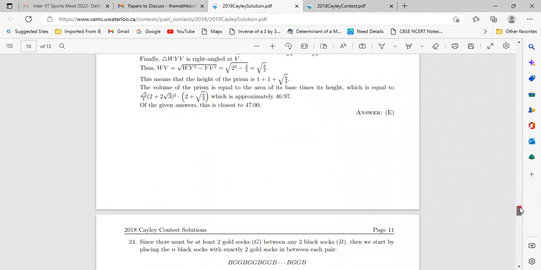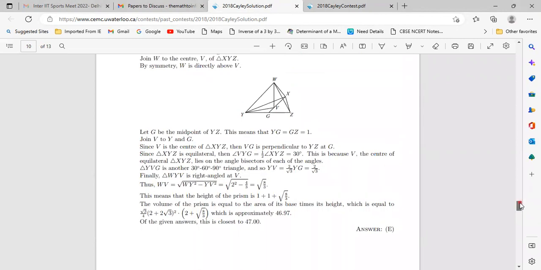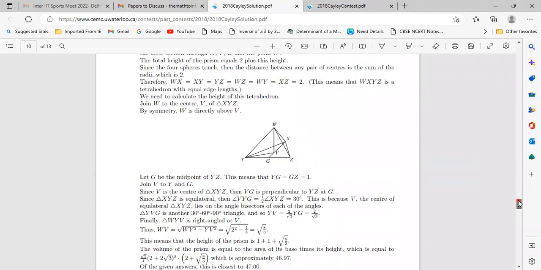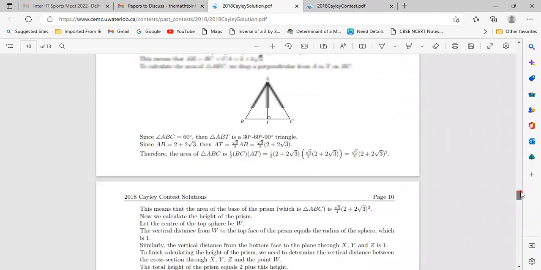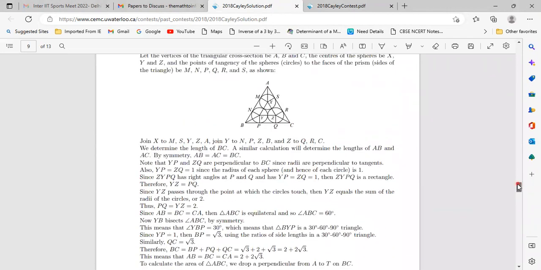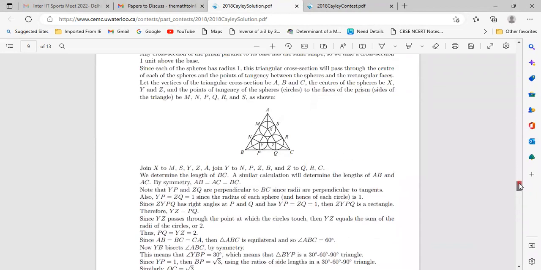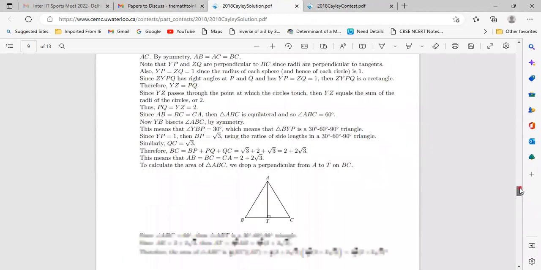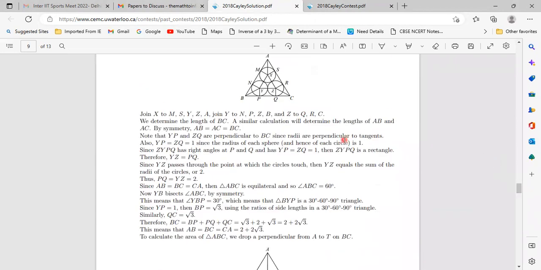Okay, so they are breaking this prism into several geometrical shapes. One is a tetrahedron, and another one is a triangle. So we'll be dealing only with the triangle, rectangle, circles, and the tetrahedron. You know what a tetrahedron is, right? Yeah. Can you shade the tetrahedron over the diagram?